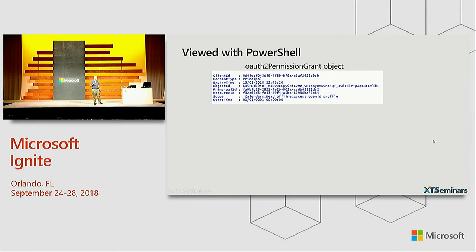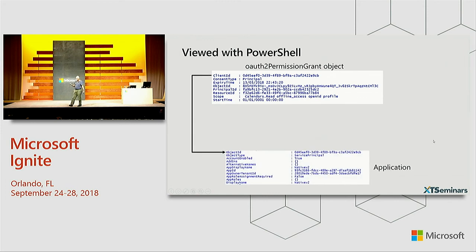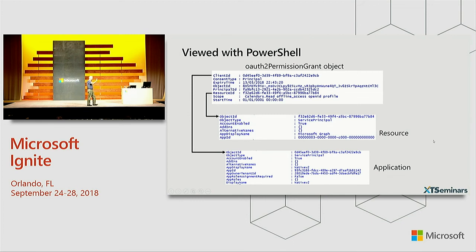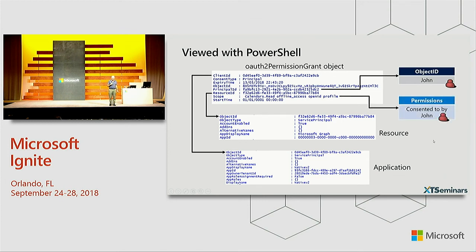If you want to view via PowerShell, you've got a relationship with the OAuth2 permission grant object. Here, the client ID is the application, the front end. The resource ID is the back end, and then what we've got in there is an object ID for John, which is the principal, and in there we've got the permission that's been granted or consented to.